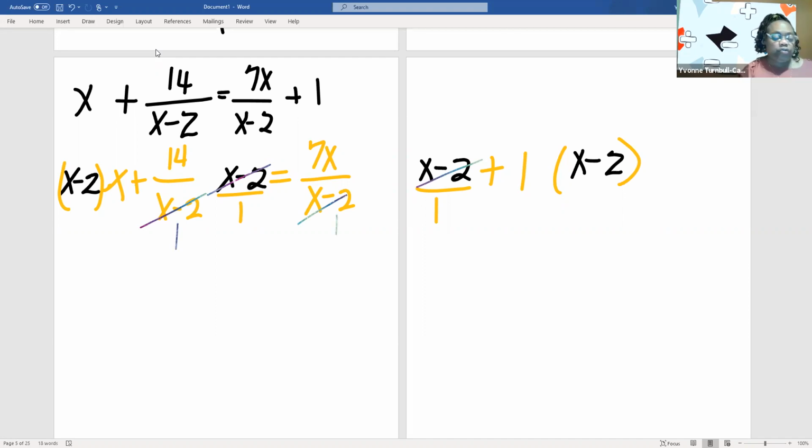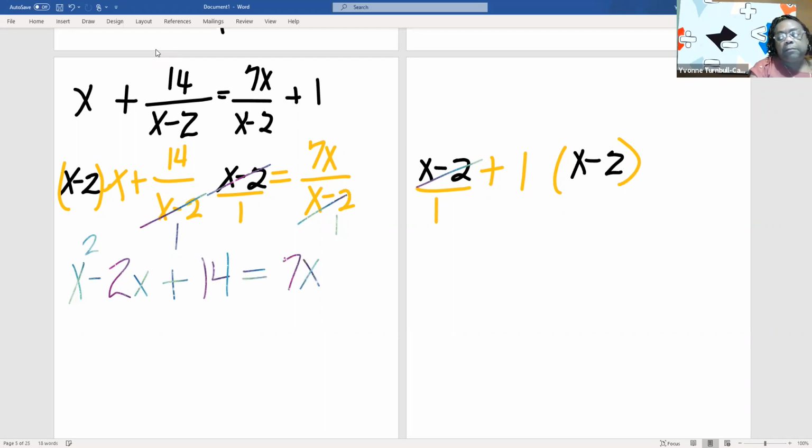Now let's distribute. We have x squared minus 2x plus 14 equals 7x plus x minus 2.